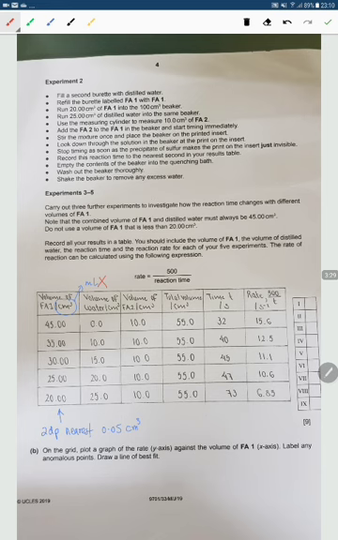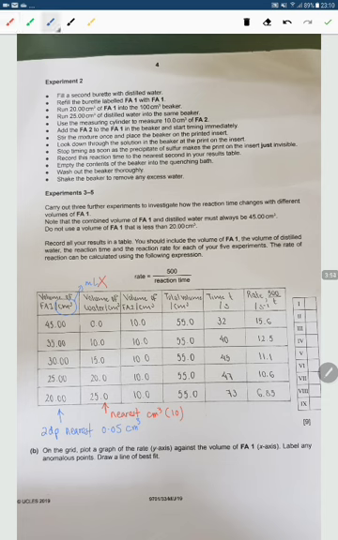Now, in that practical, water was measured using a cylinder, so the value could have been written to the nearest whole number. So the value of water here can be to the nearest centimeter cube. For example, 10 would be okay instead of 10.0.